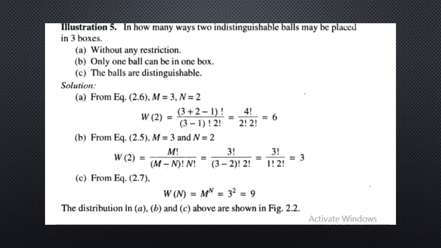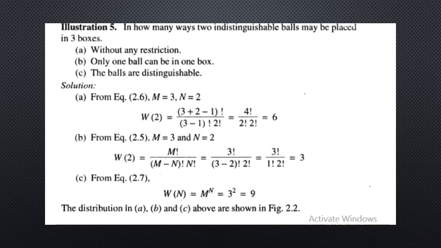Next condition is that only one ball can be in one box. This problem can be solved by using equation 2.5, which is W is equal to factorial m upon factorial (m minus n) into factorial n.